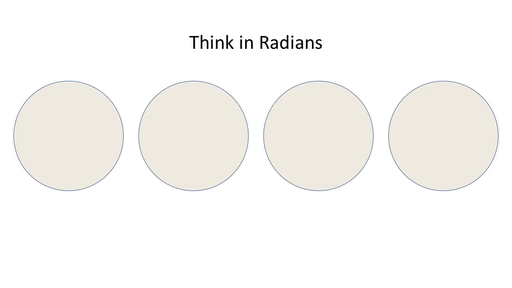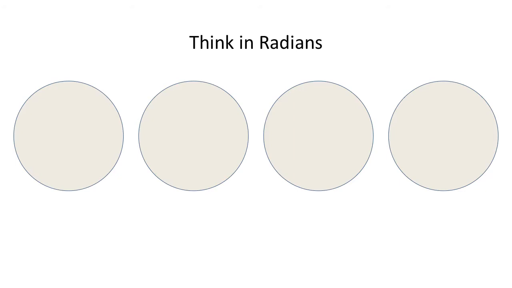This is the goal, okay? So, if you've ever had a conversation with someone who speaks French and they are not really very fluent in French and they're constantly translating in their head, it makes the conversation pretty uncomfortable. So we want to get to that place where we can think in French, or in this case, think in radians.